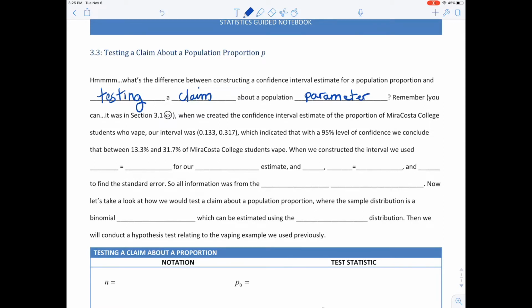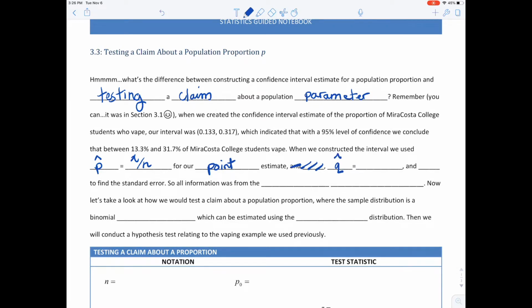When we constructed the interval, we used P hat, and in general, P hat is X over N for our point estimate, Q hat, which is 1 minus P hat, and N to find the standard error. So all information was from the what? Good, the sample statistics.